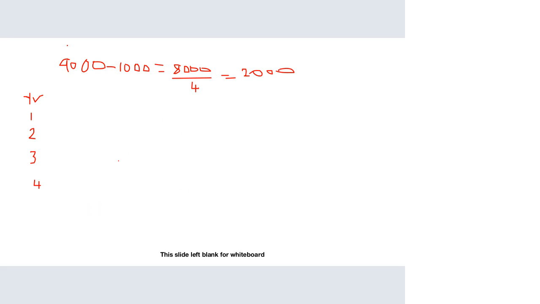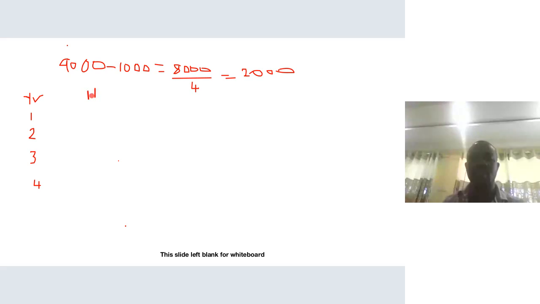We are paying in 4 installments, so we have year 1, year 2, and year 3. So the hire purchase interest we will calculate on a yearly basis.